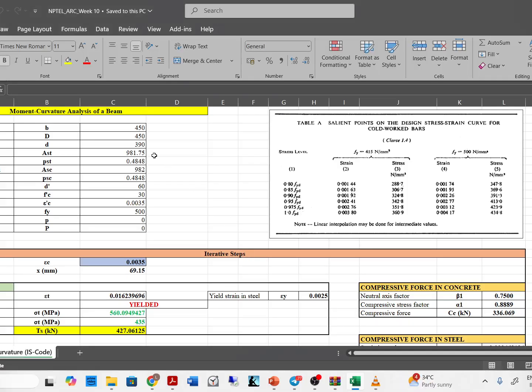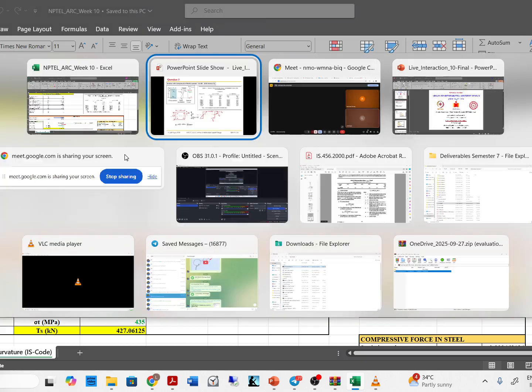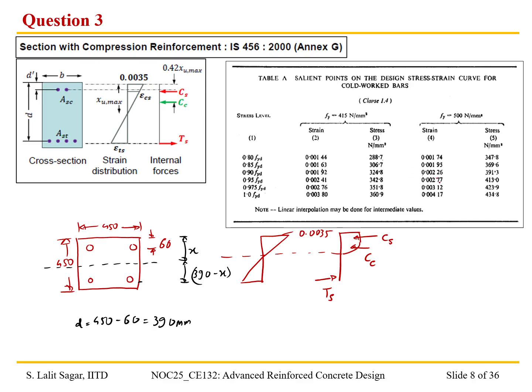Yeah. So we have here. So basically, what we need to do here is enter the dimensions of the cross section. So it is having a width of 450, overall depth of 450 mm, and the effective depth is 450 minus 60, that is 390. And AST here is half of the 1963, right?